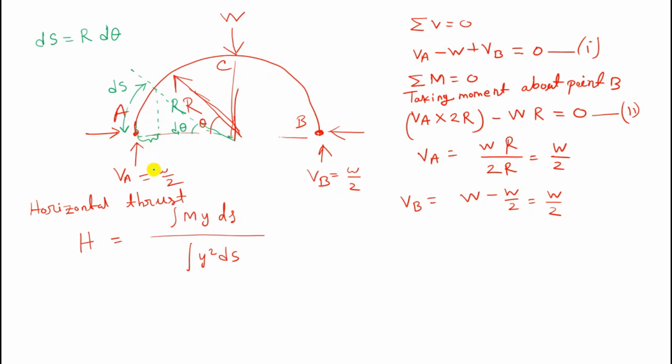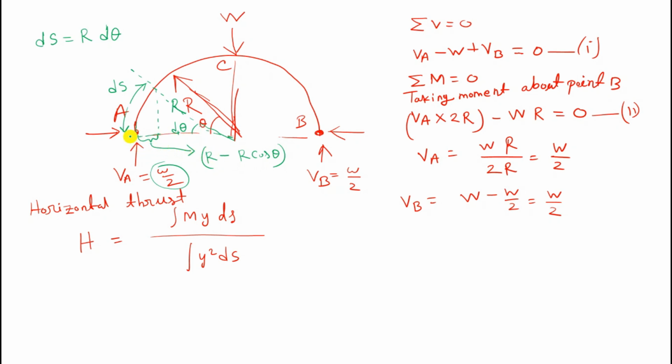The force will be W by 2, and this distance we can write as r minus r cos theta.